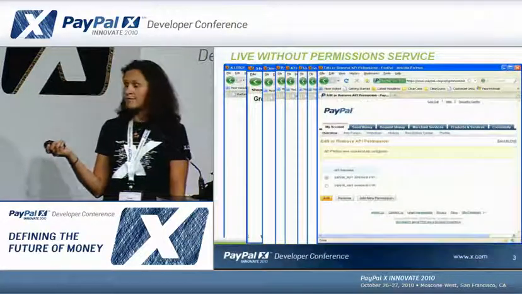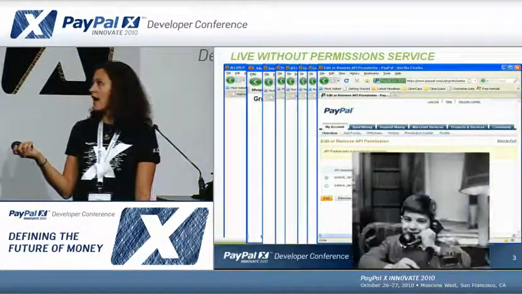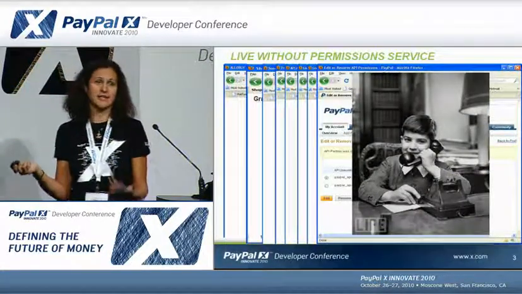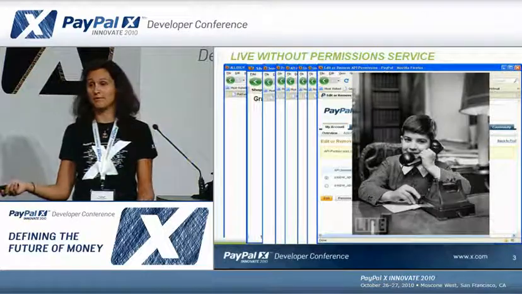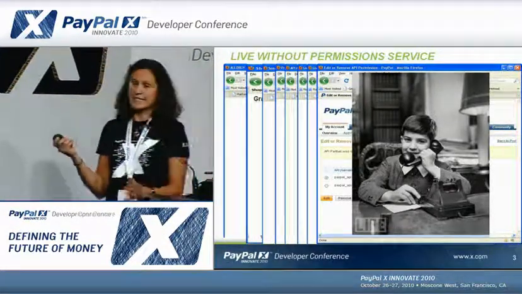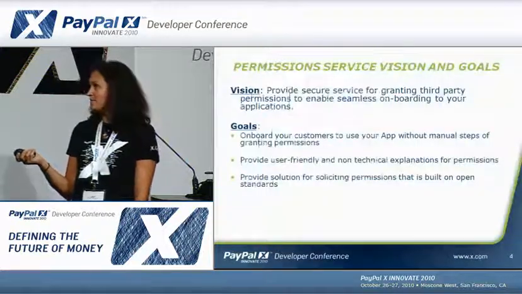And finally, when I'm done, I'll have to make a phone call back to the app provider and tell them, okay, I'm all set up. Your app will work for me now. This is a typical experience right now.